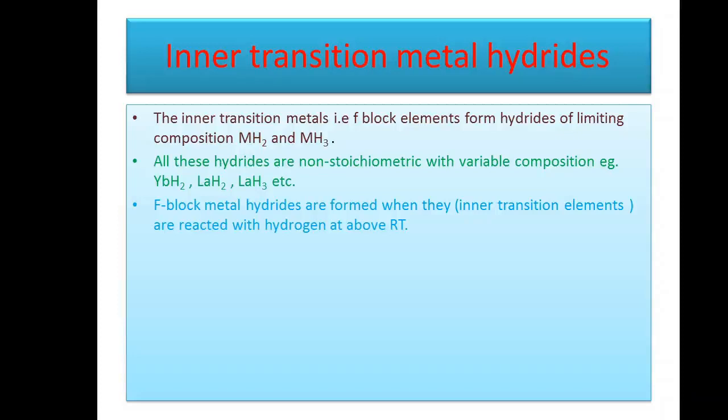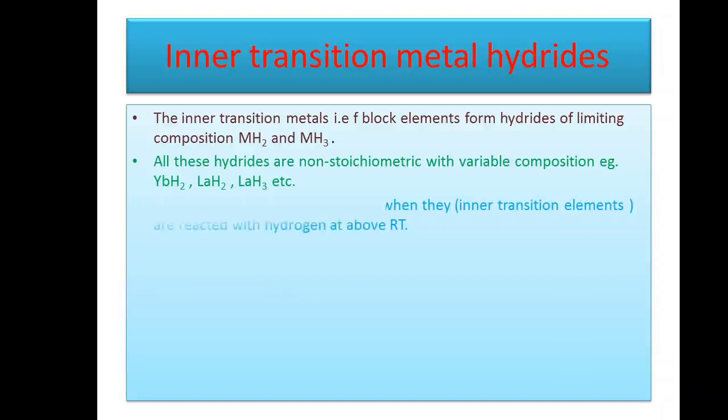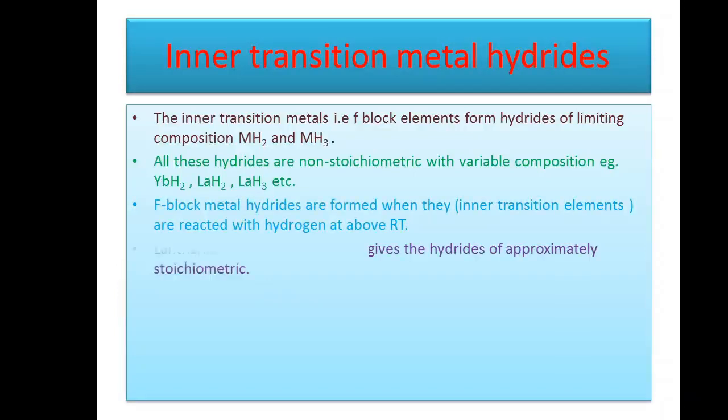F block metal hydrides are formed when they react with hydrogen above room temperature. The lanthanides like ytterbium and europium give hydrides of approximately stoichiometric composition. The atomic number of ytterbium is 70.